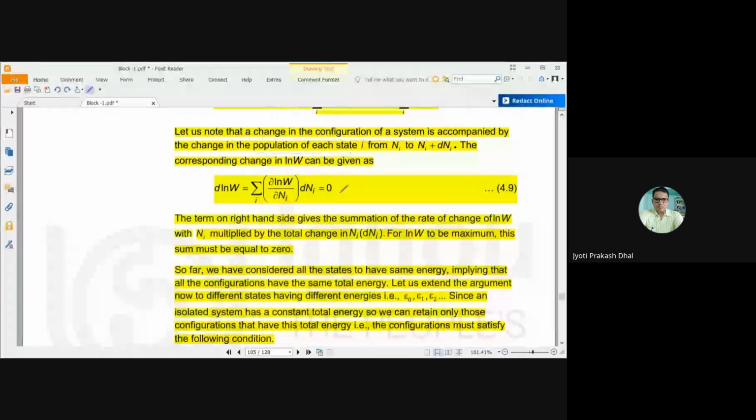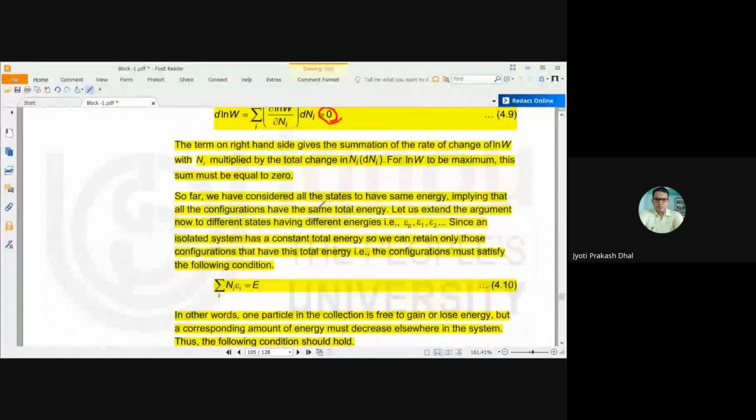So far we have considered all the states to have the same energy, implying that the configurations have the same total energy. Let us extend the argument now to different states having different energies. The first state having energy epsilon 0, second state having energy epsilon 1, then epsilon 2, and so on.